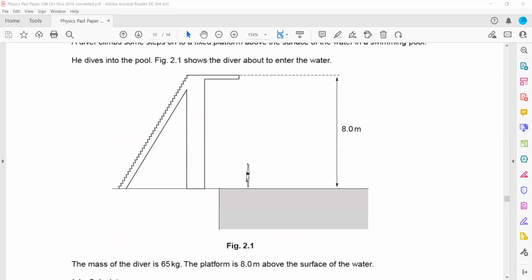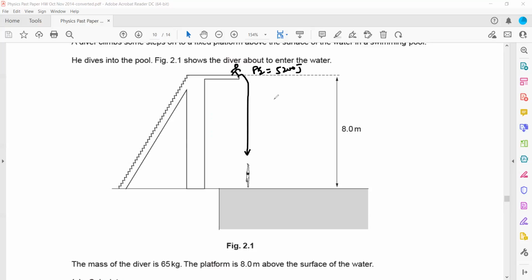When this swimmer moves up the stairs, because he is rising up, he will have potential energy. So when we calculate the potential energy here, it was 5200 joules. And according to conservation of energy, energy changes from one form to another. So the moment he jumps, what will happen?